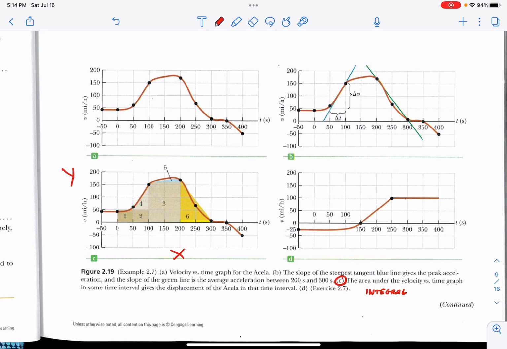In calculus we would call it the integral, finding the area under this curve from this point to, say, this point. That would be the total displacement. The total displacement when you have a constant velocity and then you accelerate and then you slow down a little bit and so forth.